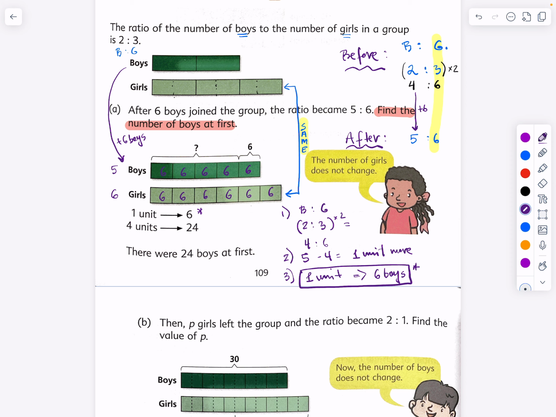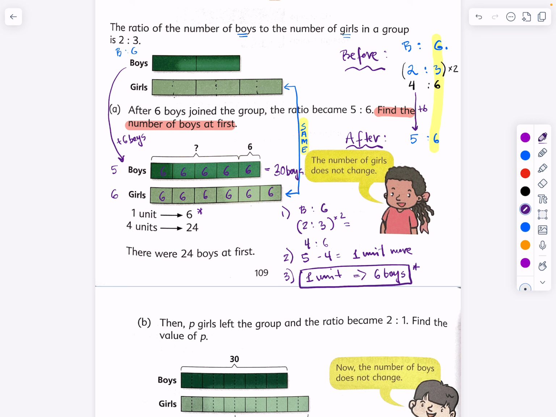Therefore, how many boys in 4 units? Why is it 4 units? Of course, at first. How many boys were there at first? Well, we know that afterwards we had 1, 2, 3, 4, 5 units, so we had 30 boys, right? 30 boys.